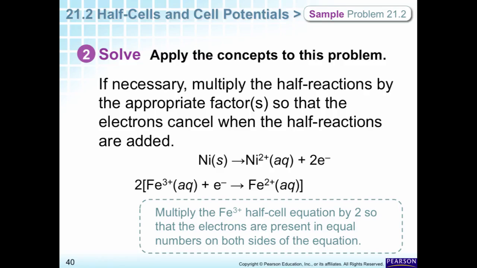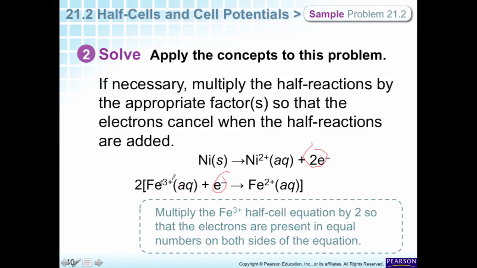All right, then our electrons have to be the same to cancel out before we finish up. So when we're balancing the equation, we have a special case here because the iron only needed 1 electron. To make this work, we have to have 2, so we multiply everything by 2.